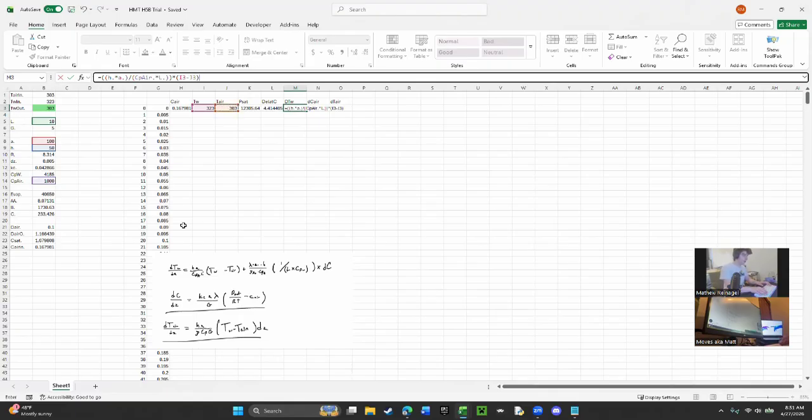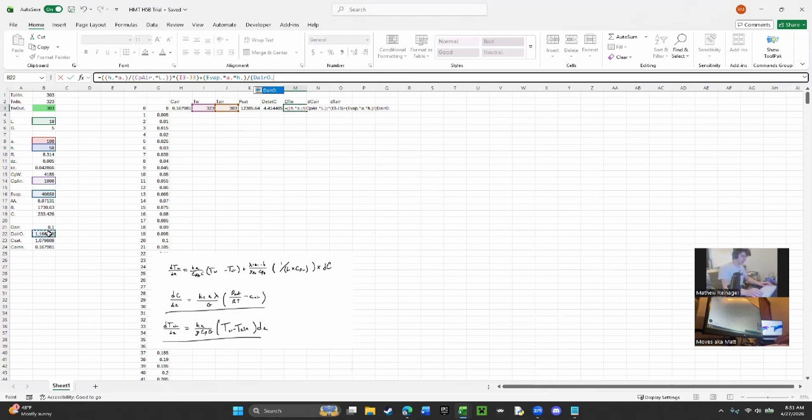And now we're going to add the enthalpy of vaporization multiplied by the packing coefficient multiplied by the heat transfer coefficient. And then we are going to divide this by the density of the air coming out, sorry.